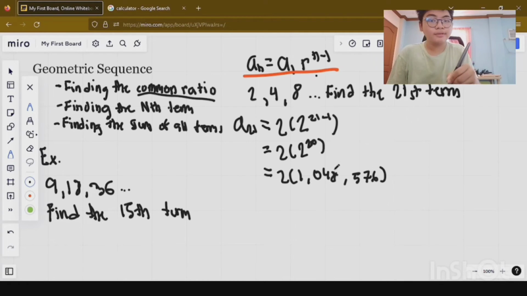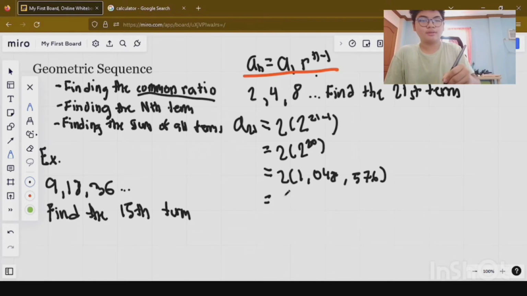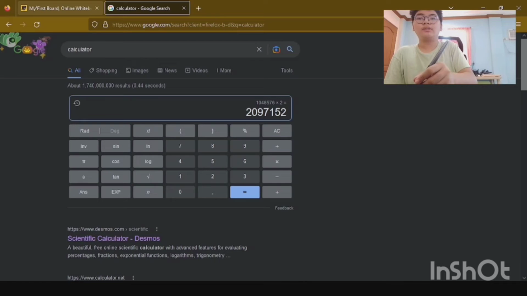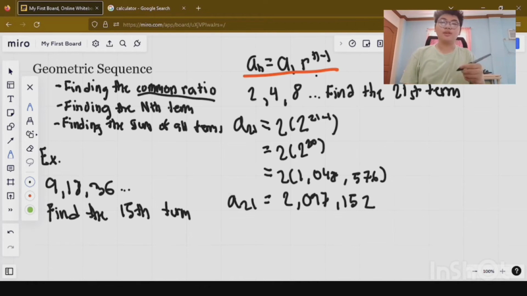Now remember, we still have to multiply that. So times 2 is equal to 2,097,152. That's our a sub 21, or the 21st term in the sequence.